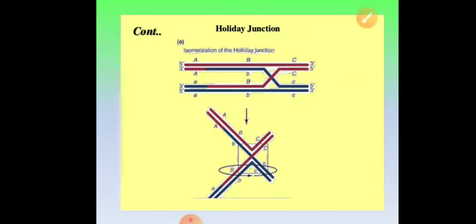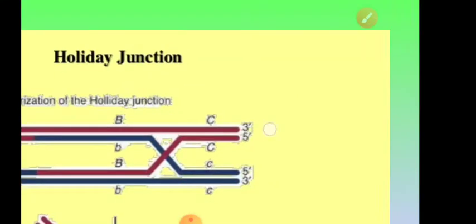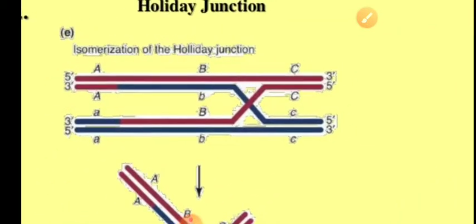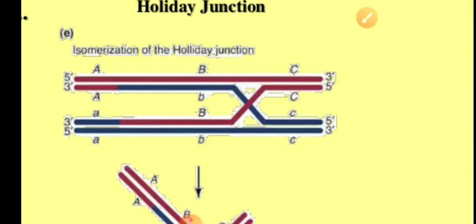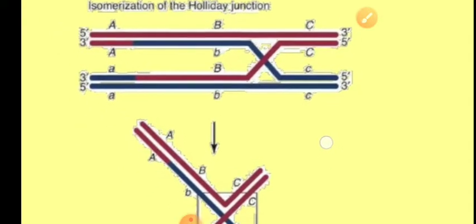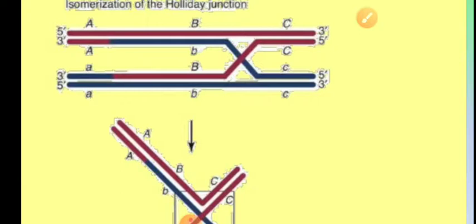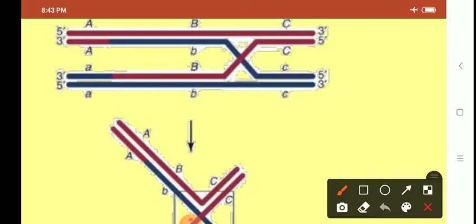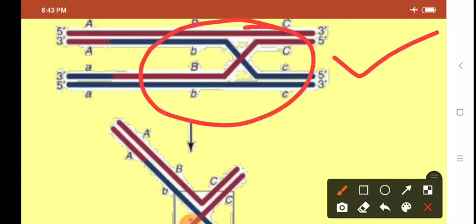Now the two cut ends migrate towards each other, as you can see in the diagram, and a joint molecule is formed. Ligase will seal the gap and we get a joint molecule. This joint molecule is called the Chi structure or Holliday joint.